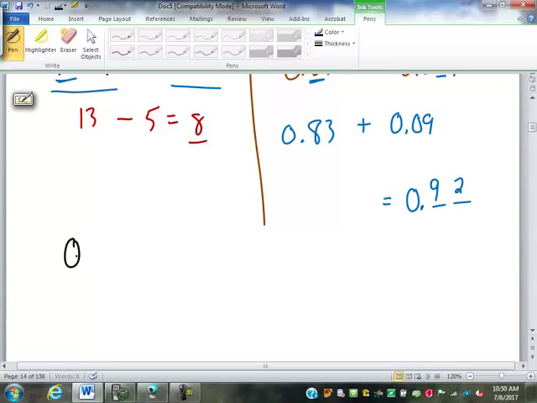Same with subtraction. 0.738 minus 0.075.